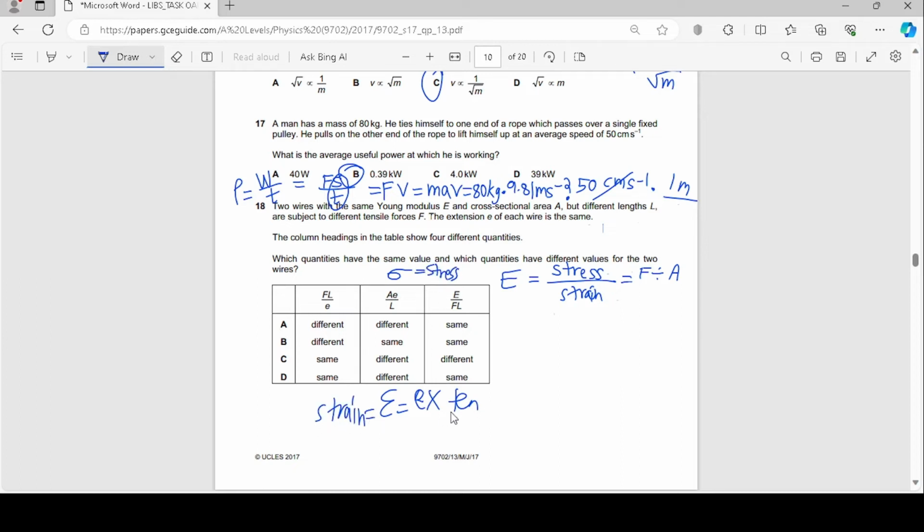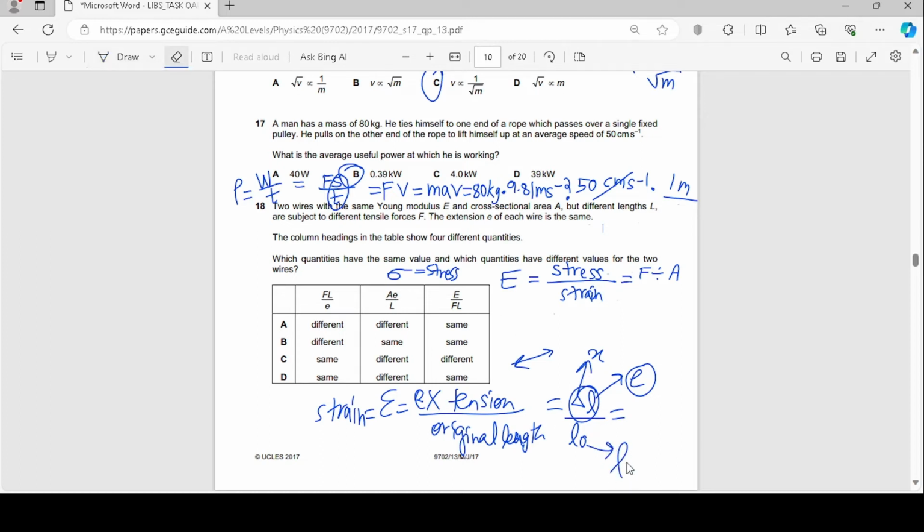So strain, epsilon, is the ratio of the extension to the original length. So you could say it as delta L over L naught, or you could also denote delta L as E as in extension, or as X. And then L naught, you could also just write L, if you're considering that.